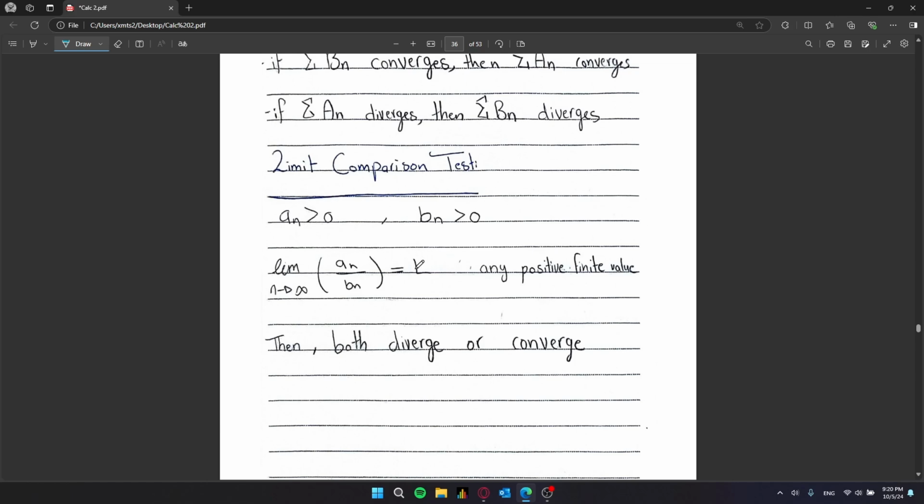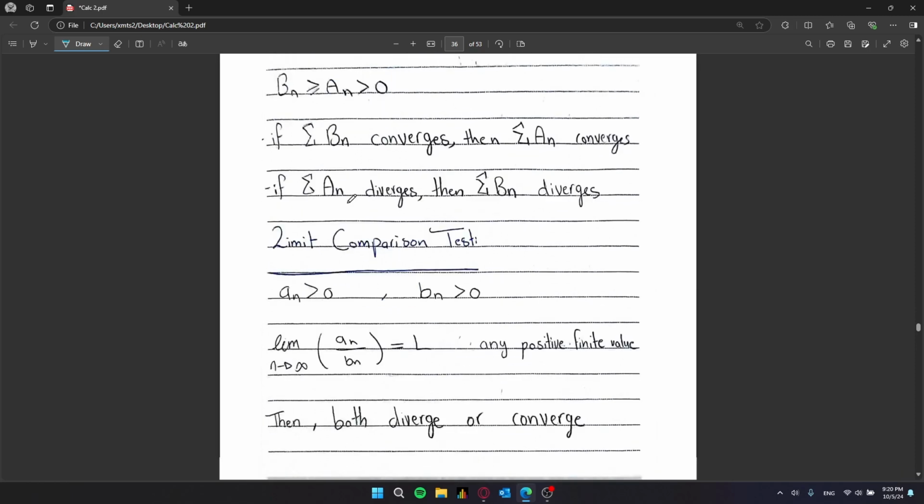If it gets you any value, whatever value it may be, as long as it is greater than 0 and as long as it is not infinite, as long as it is a number that you can count to, then either both of them diverge or both of them converge.